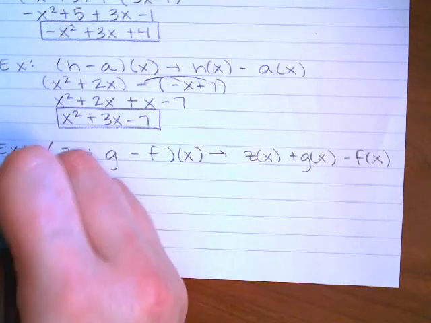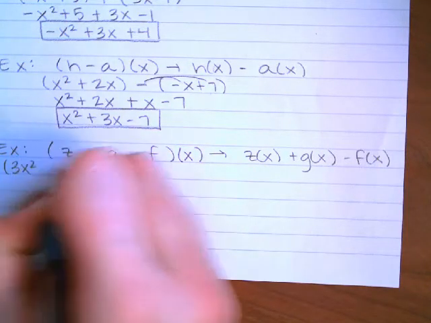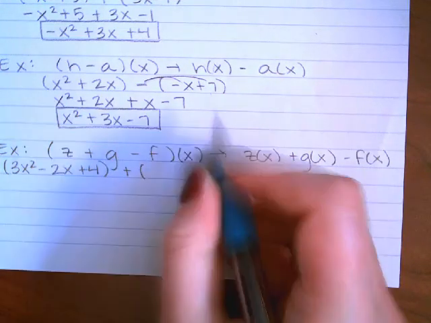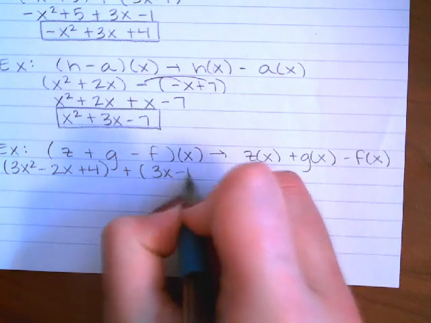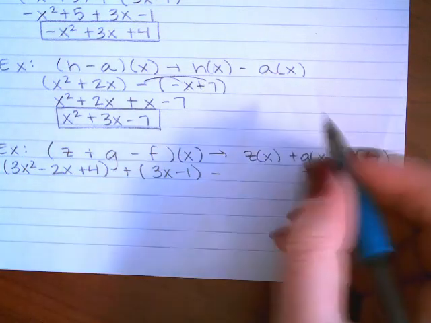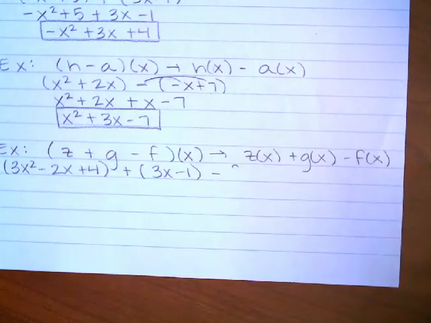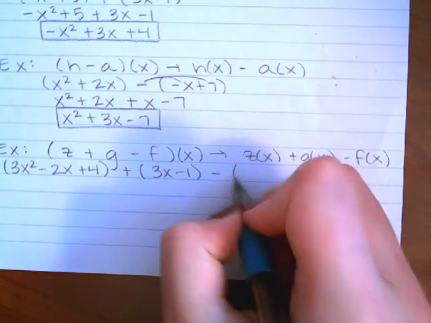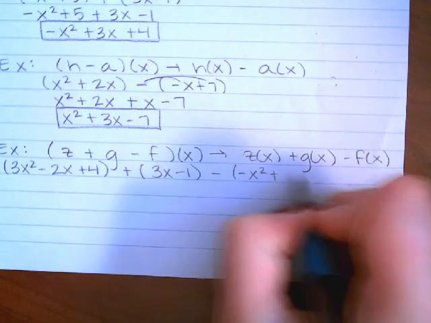So z was 3x squared minus 2x plus 4. G is 3x minus 1. F is negative x squared plus 5.